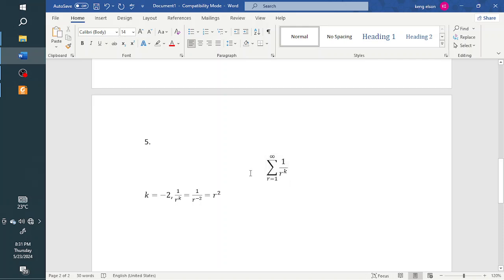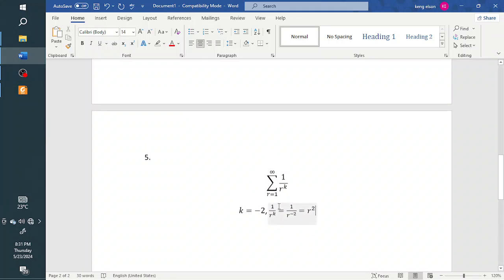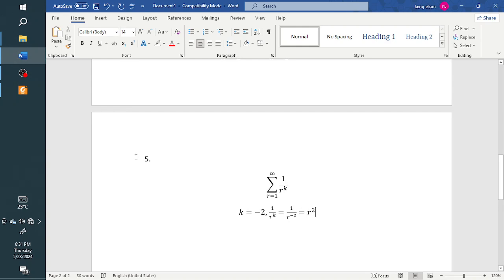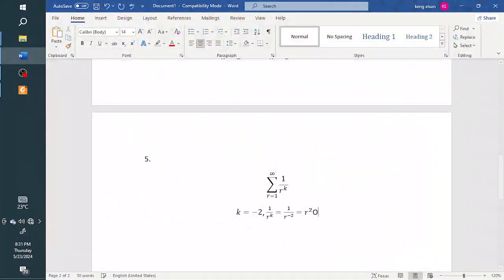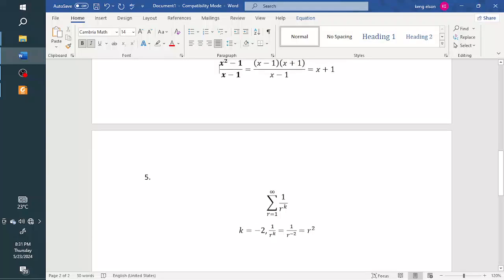This is just the application of the knowledge of the p series. So k strictly greater than 1, option B. So there we have option B.